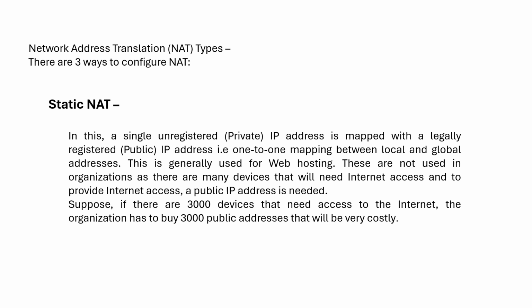This is generally used for web hosting. It is not used in organizations, because there are many devices that need internet access, and to provide internet access a public IP address is needed.